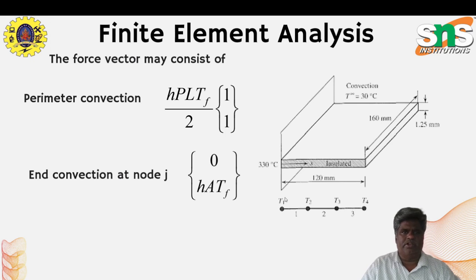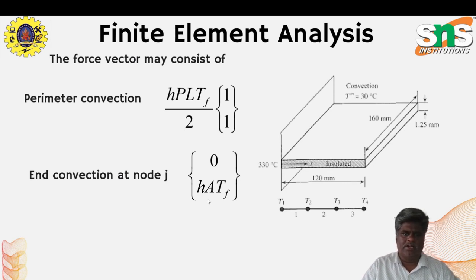In this slide, the force vector may consist of perimeter convection and end convection at node J, based on the element heat transfer mode. The perimeter convection is the convection coefficient h, perimeter P, and length of the element L, then Tf indicates the temperature of the surrounding fluid, divided by 2, times 1, 1, which indicates the nodal points I and J. For the end convection at node J only, one of the ends will be exposed to the surrounding.